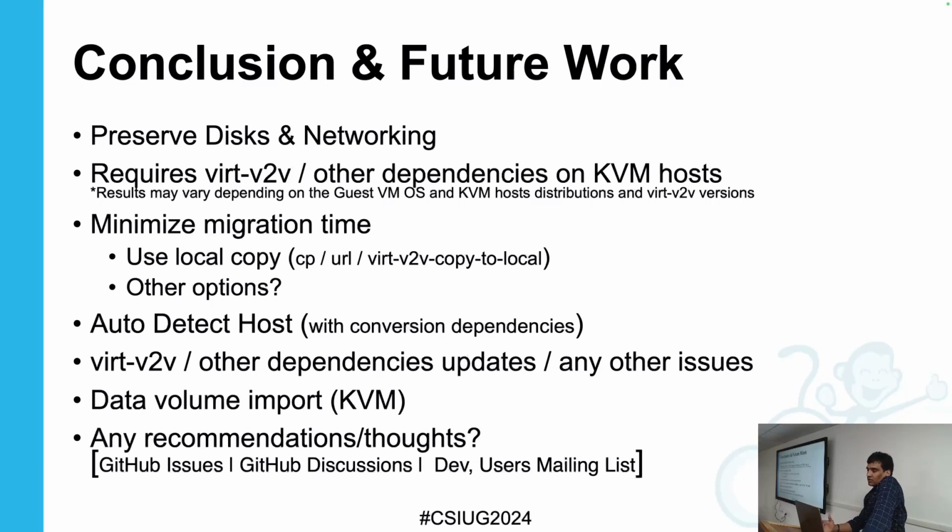We can move the VMDK disks to KVM before initiating conversion with virt-v2v. It can be done in 3 ways: either a cp command, URL download, or using virt-v2v-copy-to-local binary. We are also exploring other options to minimize the migration time.